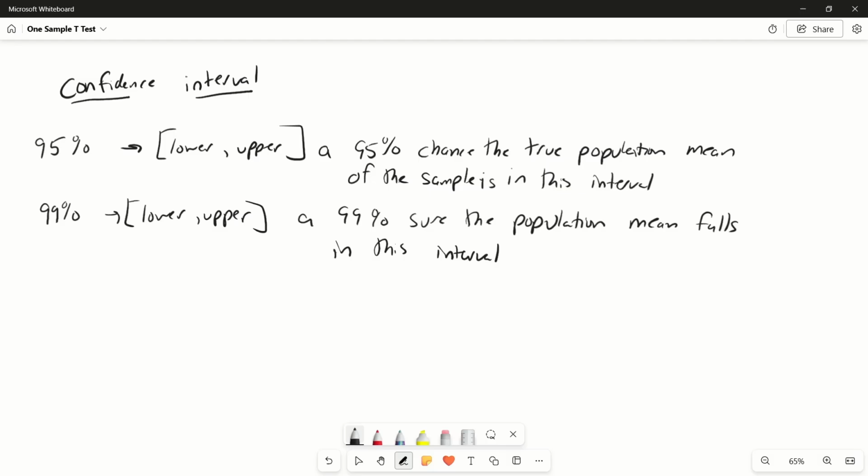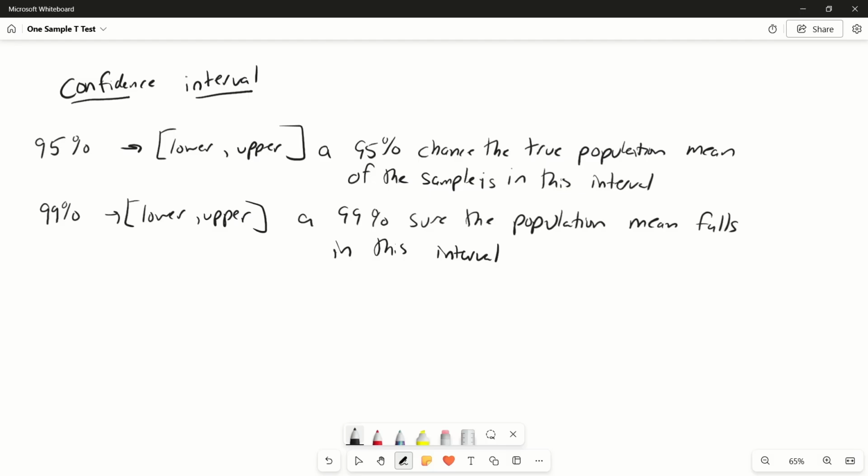If you're less confident, the interval could be smaller, but you're not as likely to find the population mean if the interval is smaller, right? So it kind of offsets itself. A wider interval for a higher confidence.